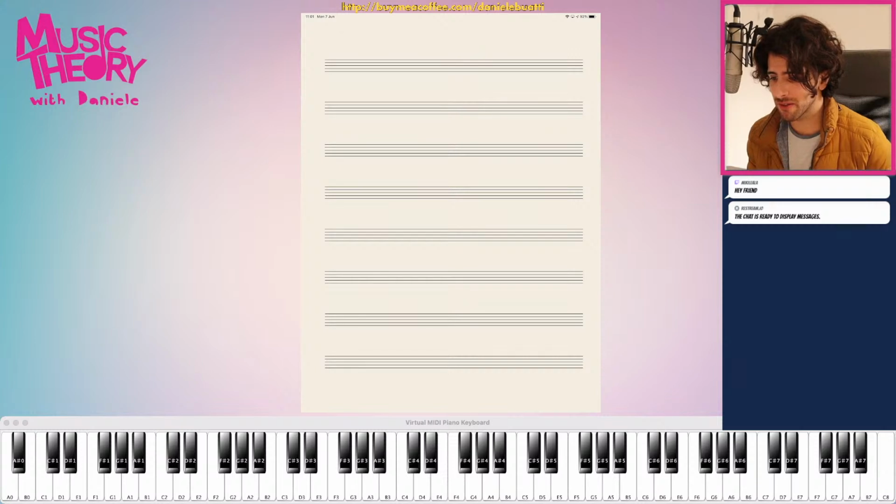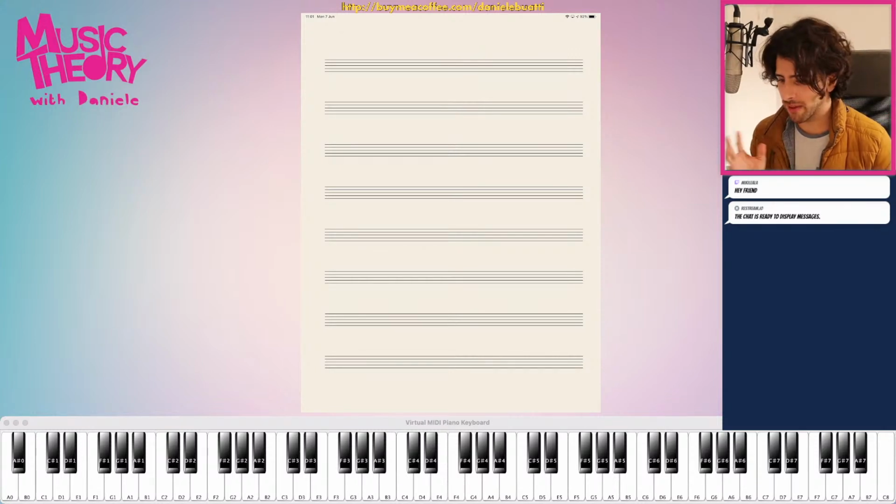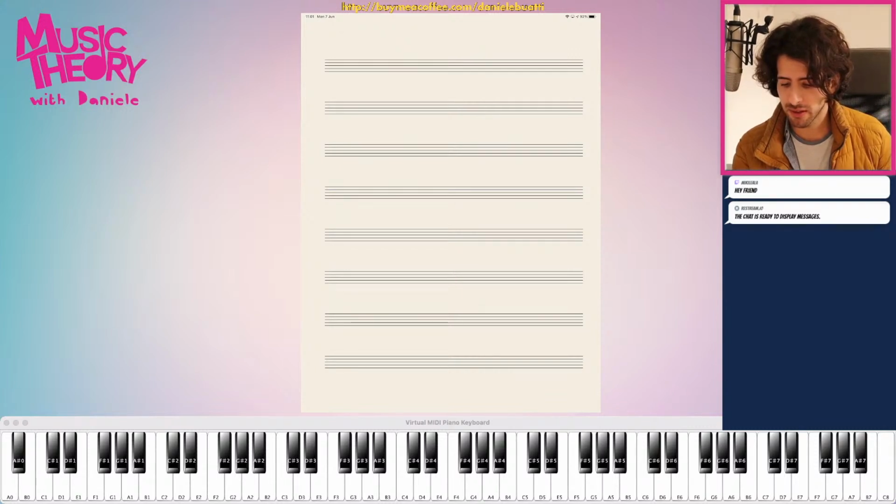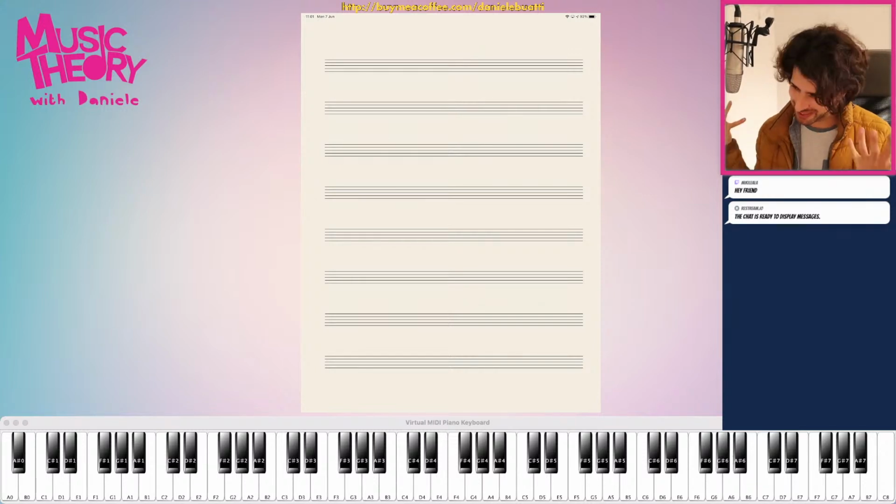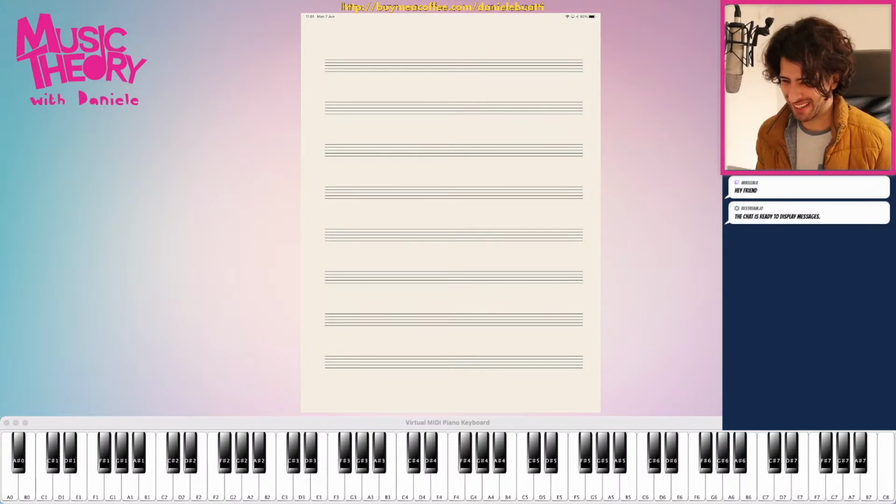As far as semitones go, semitones are a direct adjacent note to any other note. A semitone is a measure of distance, so it actually needs two components for distance to exist. C to this black note, semitone. C sharp to D, semitone, semitone, semitone.